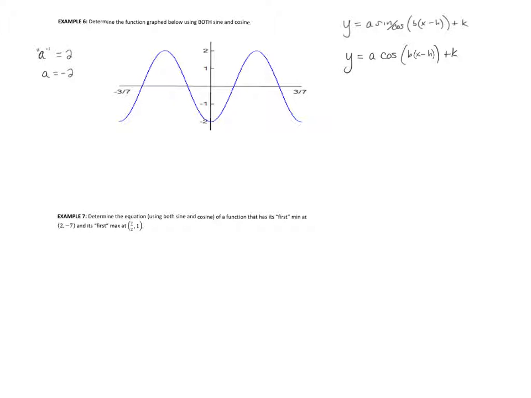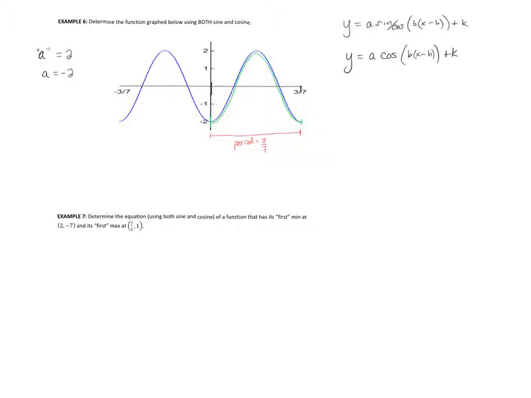Now the next challenging portion is this guy has a period. It looks like it takes 3/7 to finish. Okay, so that's the full period there, and it looks like it's 3/7. Now, if we just think about the curve, this thing literally has 0 horizontal shift.